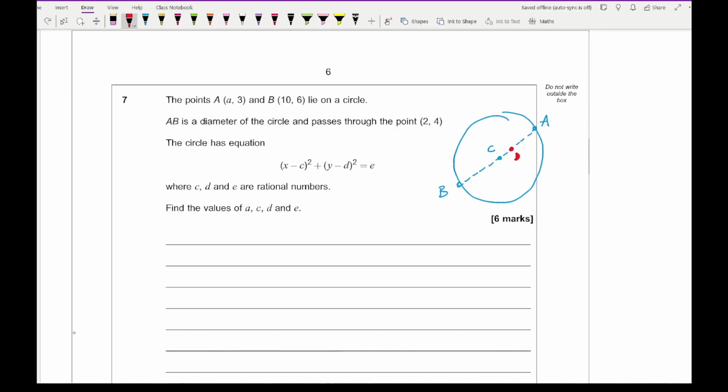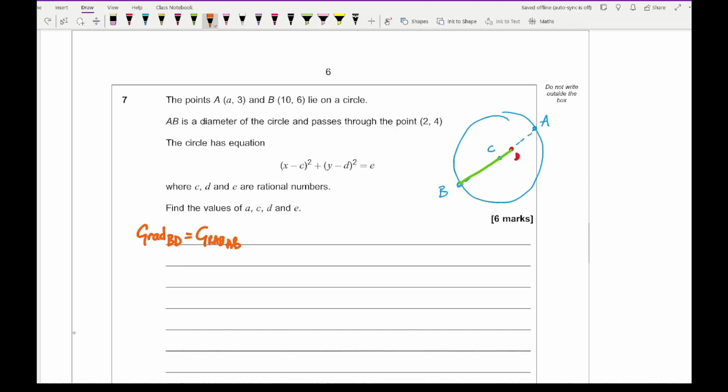Now, in order to work out the centre and the radius of the circle, knowing this coordinate tells me that the gradient of BD is going to be the same as the gradient of AD. So the gradient of BD is going to equal the gradient of AB.